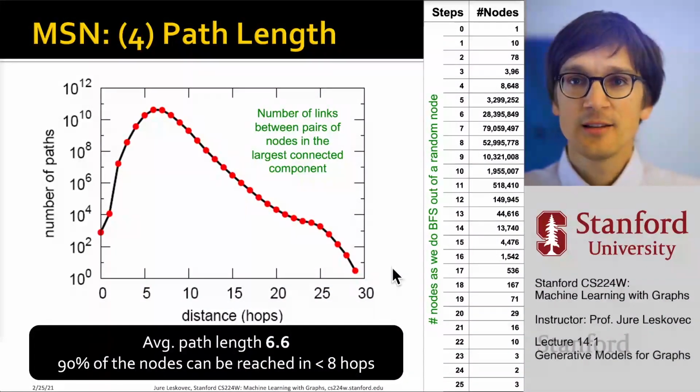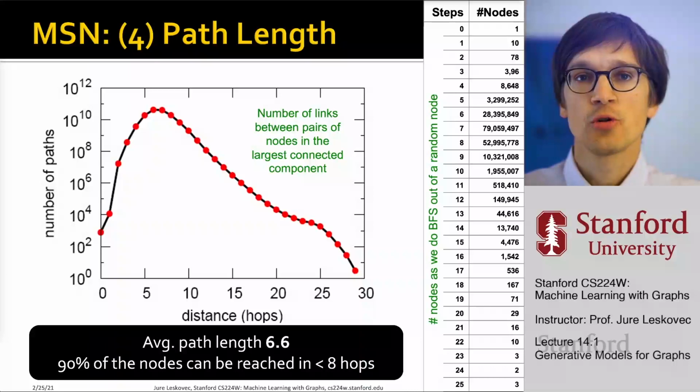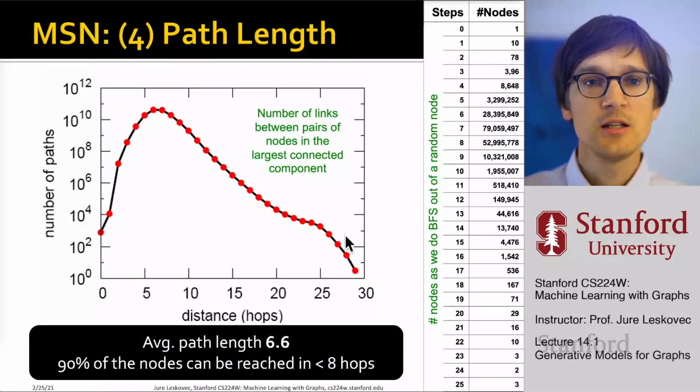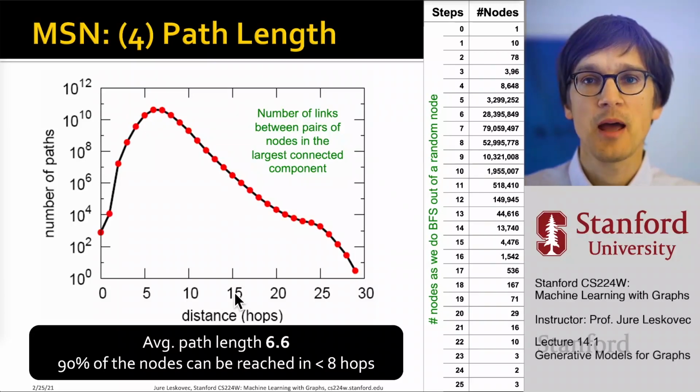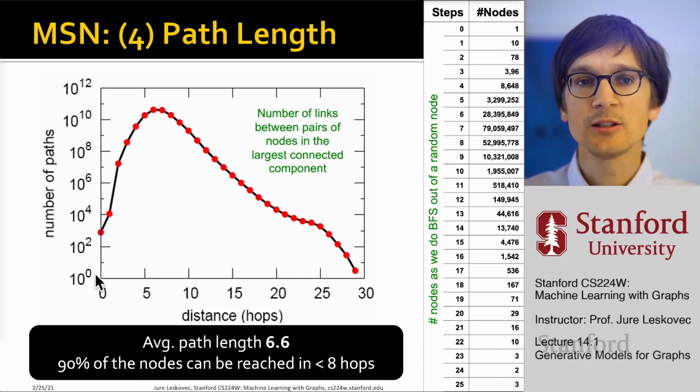And then the last thing I want to mention is the shortest path length. Here is the distribution of shortest path lengths across pairs of nodes. I ask how many pairs of nodes are at shortest path distance 5, how many are at distance 10, and so on. Here the y-axis is logarithmic.